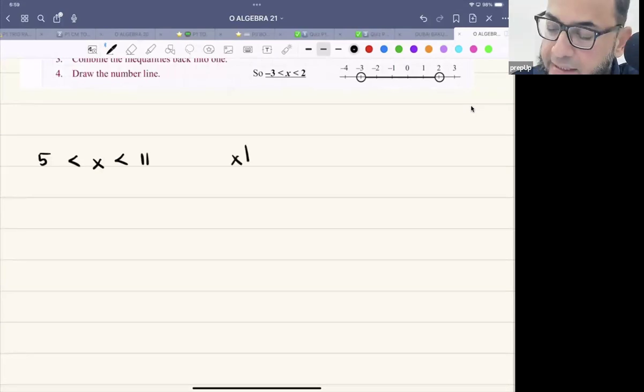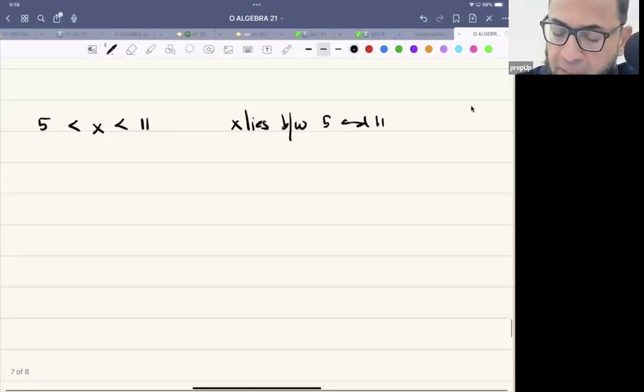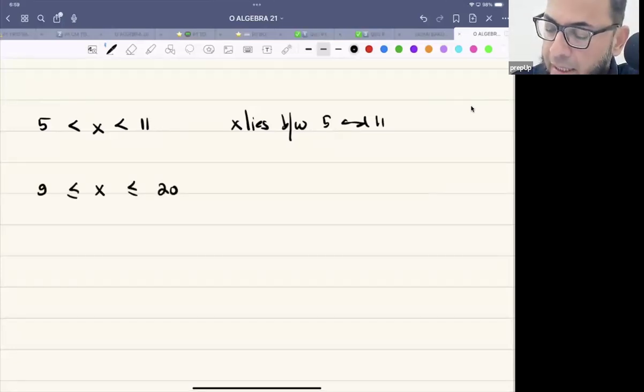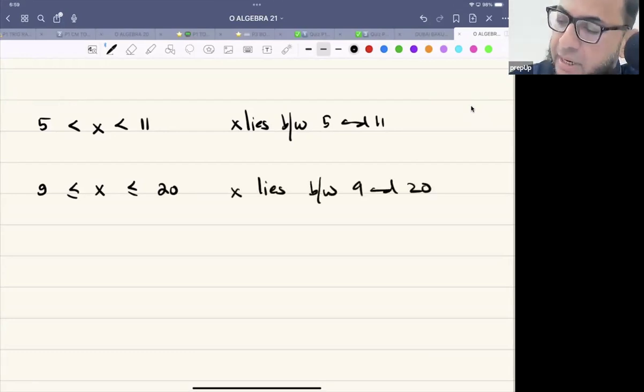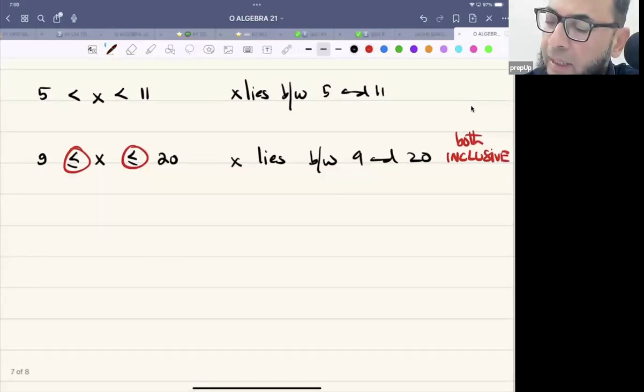Neither is 5 included nor 11 included. x lies between 9 and 20, but because of this inequality, I'll write this as inclusive because both values are inclusive. 9 and 20, both inclusive.